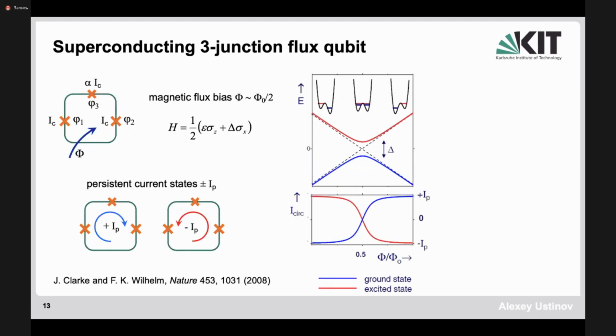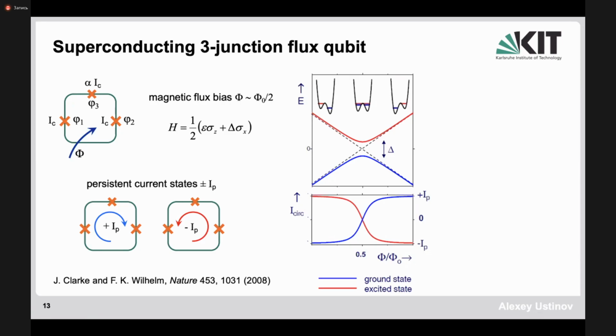Now, the operation of the three-junction flux qubit, as you remember, was done by describing it by the corresponding Hamiltonian of the two-level system, and then the potential is symmetric once you have the flux which is applied to this loop equal to half flux quantum.